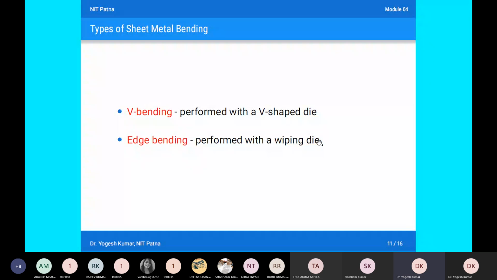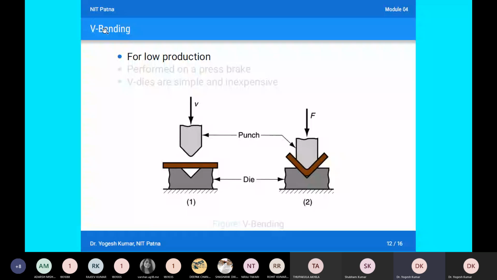Let us come to the V bending process. Here you can see under the V bending process we have a V shaped die. This is the die, this is your punch.